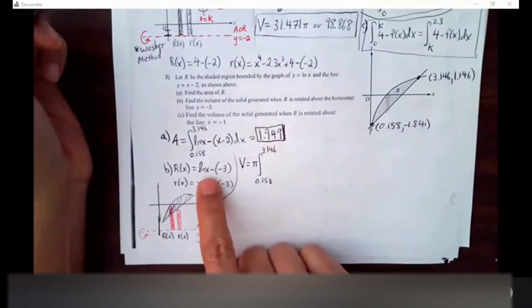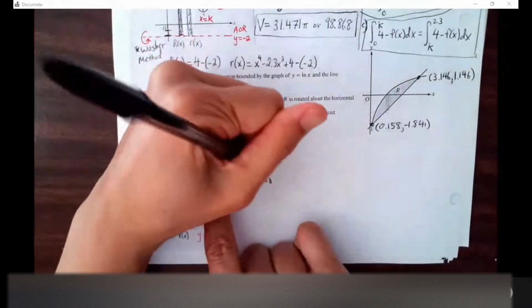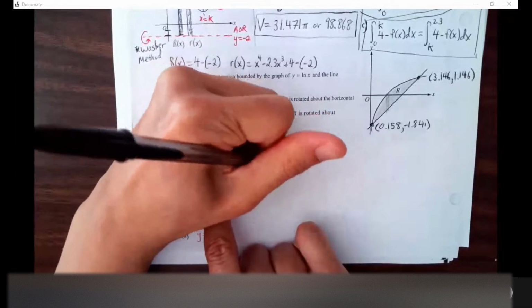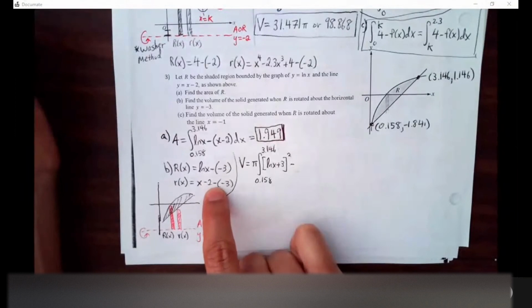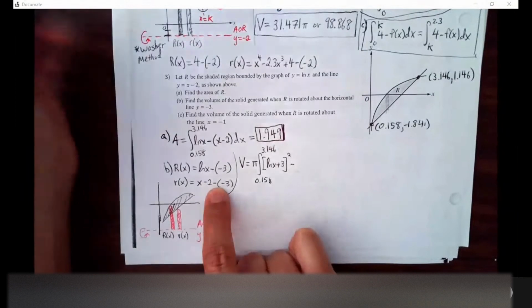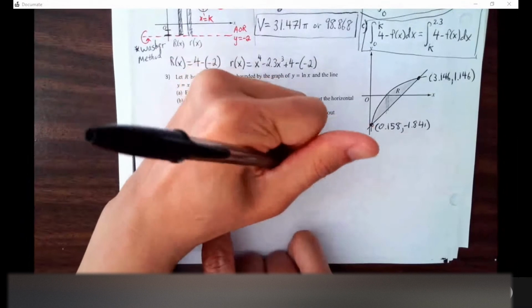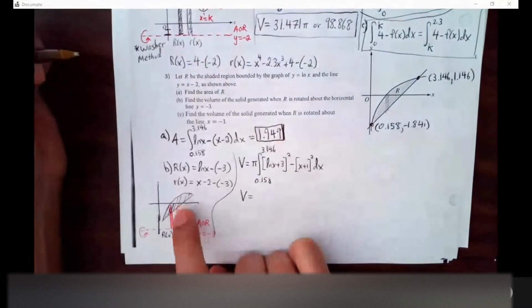Okay, big radius, clean this up. 2 negatives become positive. Minus little radius squared. Next, this becomes -2 plus 3, which is 1. The rest goes in our calculator.